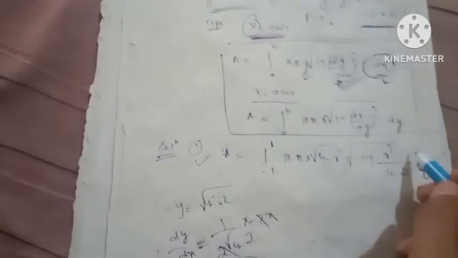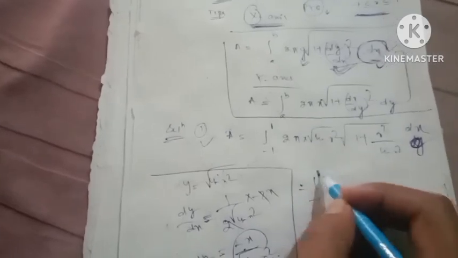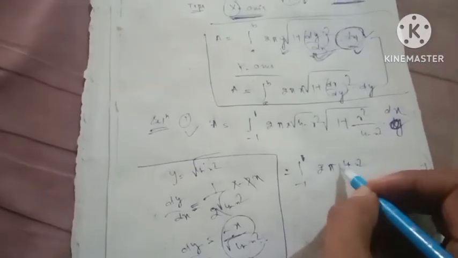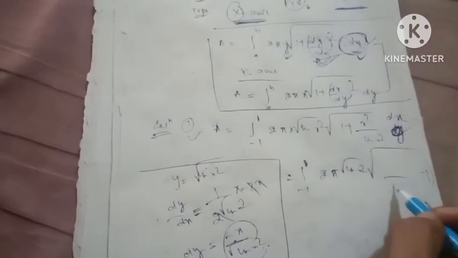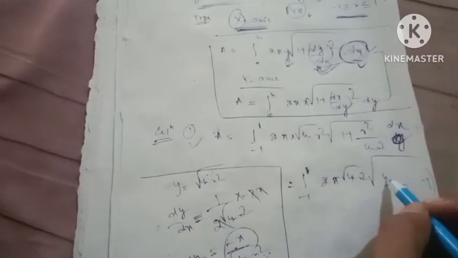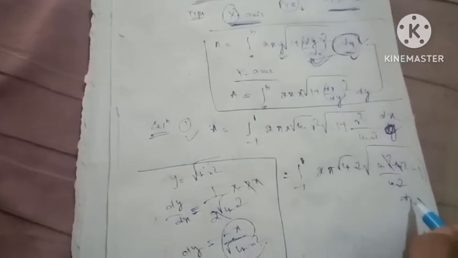This is dx, not dy, because this function has limits of x. So this is integration from -1 to 1, 2 pi square root of 4 minus x square, when the LCM will be 4 minus x square. So 4 minus x square plus x square, the x square will cancel, into dx.